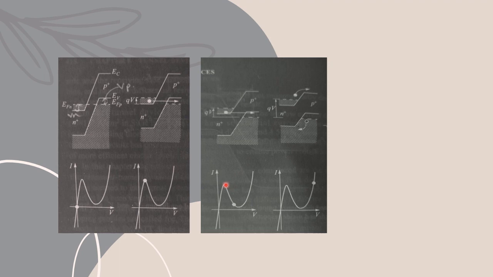That's why we get this negative slope region of the current, from maximum current to valley current, and we get this from the energy band diagram. So now we saw the valley current, and the corresponding voltage is the valley voltage, right?